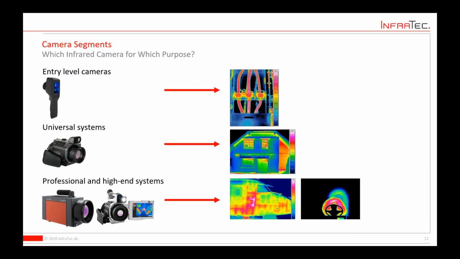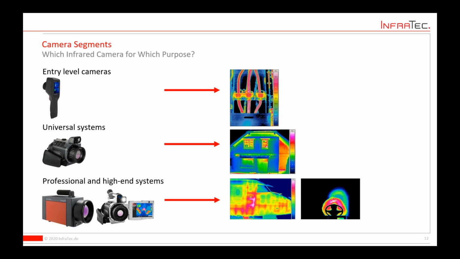And first, I think it is also obvious that there are different segments of IR cameras you can find. There are entry-level cameras for tasks like predictive maintenance in the industry, but there are also cameras really dedicated to R&D, high-end and professional systems for customers who have really high demands, who want to push the limits of their developments and gain knowledge about the processes they want to investigate.